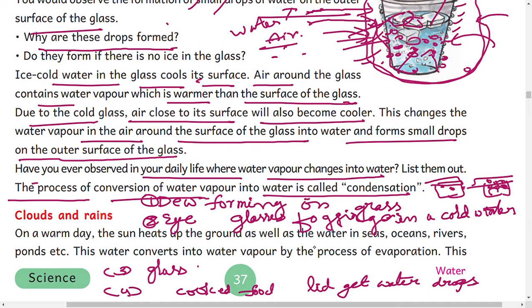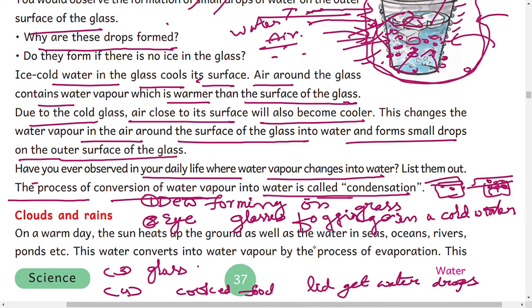Examples for condensation are dew forming on the grass and plants in the early morning, eyeglasses fogging up on a cold winter day, water drops forming on a glass holding a cool drink or ice cream, and the cooked food lid getting water drops when the vessel cools.